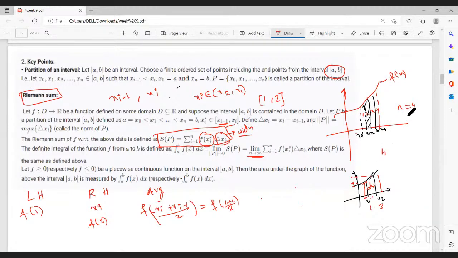But if n tends to infinity, my width will become 0. It will contribute negligibly, and it will be the same as the curve only. That's why we are getting the whole limit. That was what was illustrated in the lecture also. But at the last there were two also.